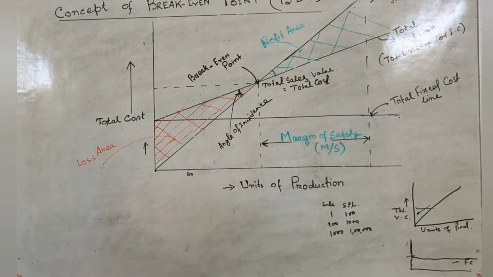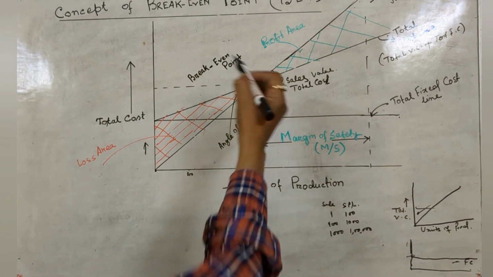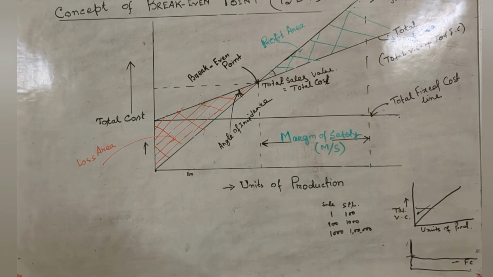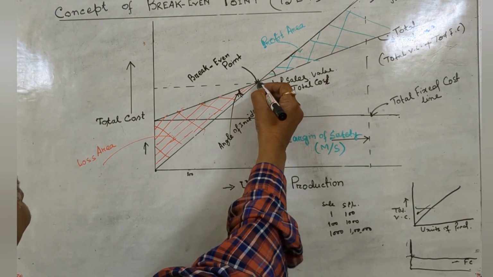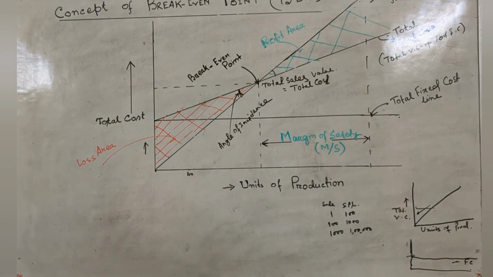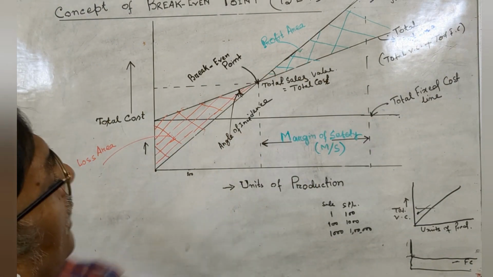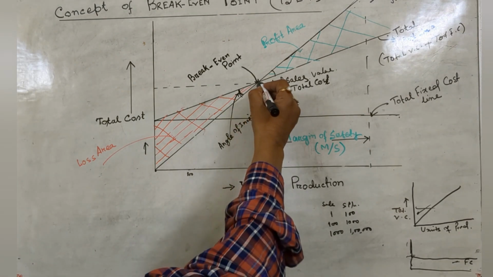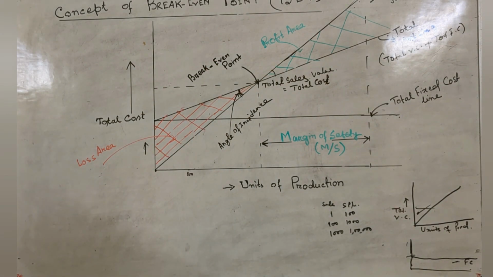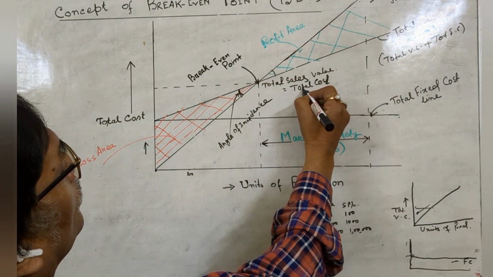There is no profit. And this is the point which is called the no loss, no profit point. Whatever the sales revenue is, it is equal to total cost. And this is the point which is called the break-even point. The break-even point means that point where total sales is equal to total cost.